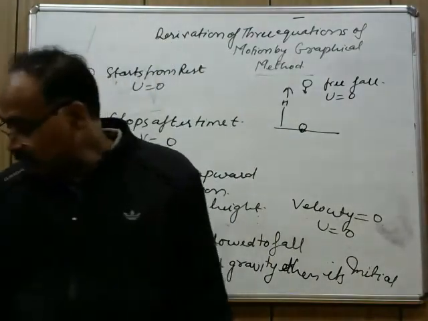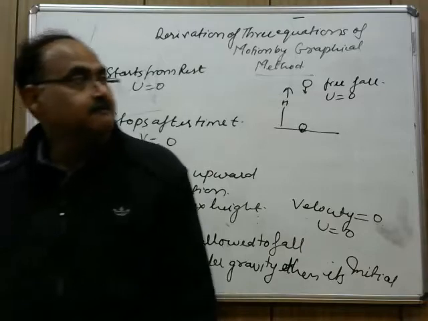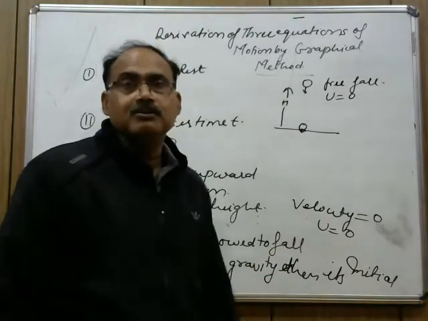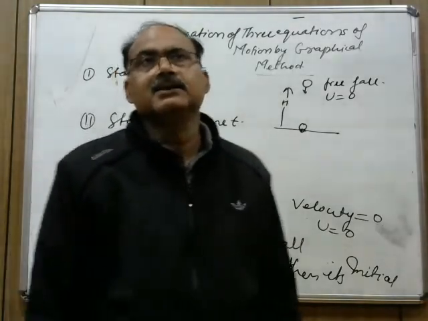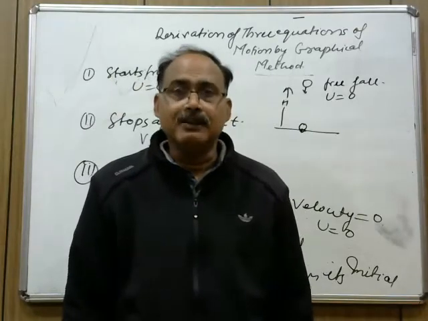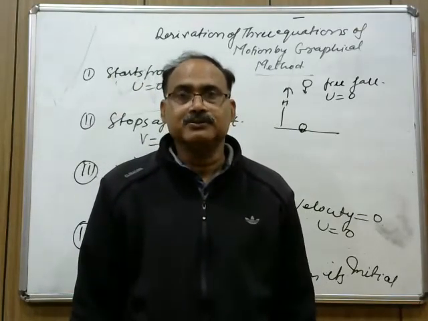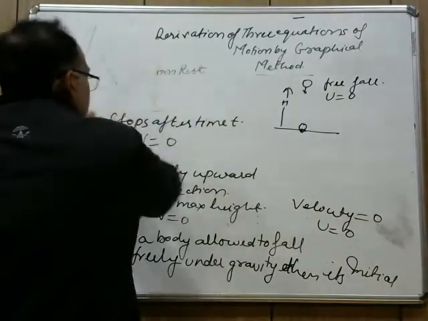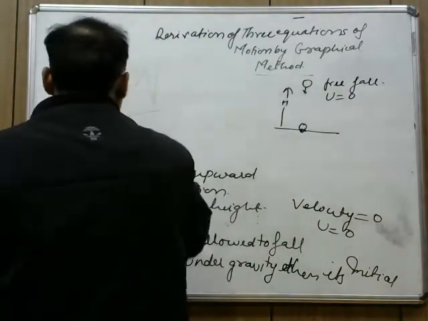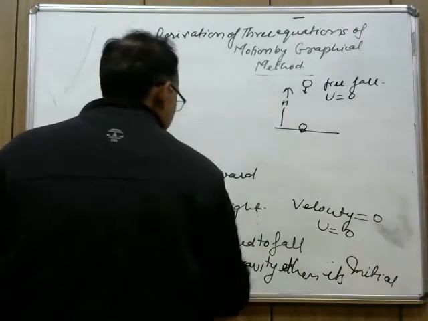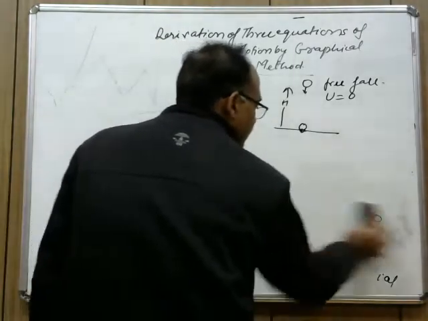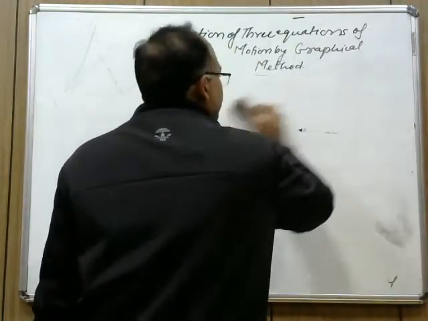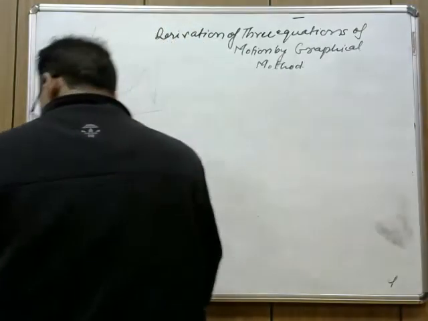Now come to the next thing, that is there is a problem of students that which equation we will apply for a particular question. Now see for this. First of all, you should write the quantities which are given.